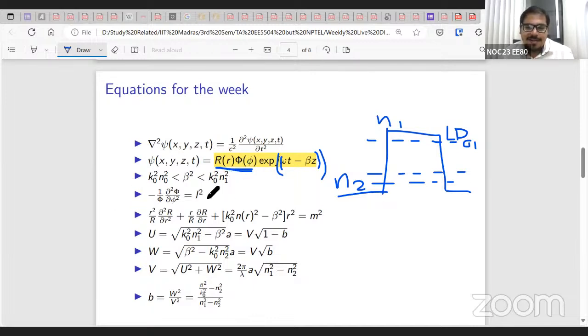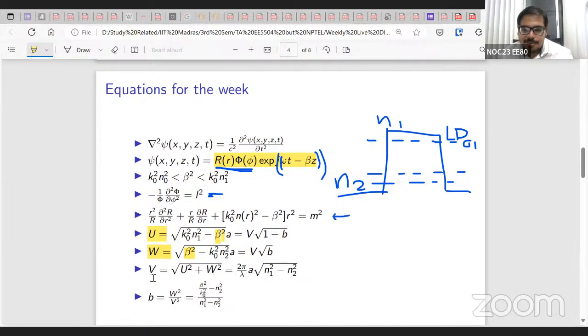Then while solving, we separate the variables and find the azimuthal dependence here and the radial dependence here. Then to simplify, we introduce this U and W. And V was first introduced as a way to get rid of this beta square, which was yet unknown while solving these Maxwell's equations.